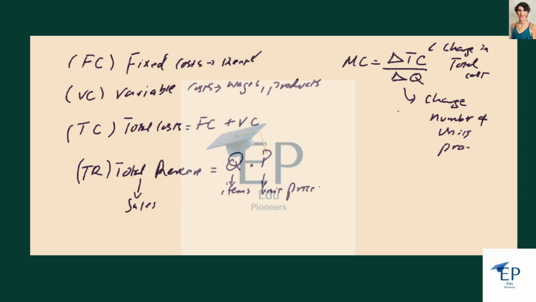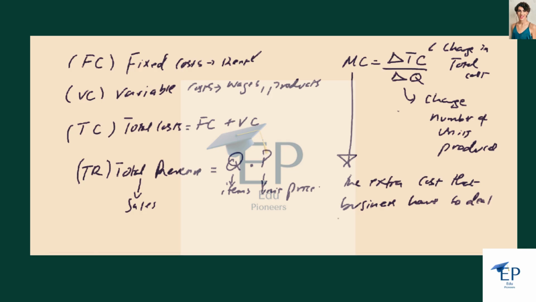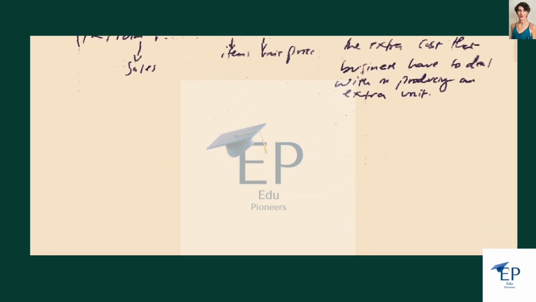When we think about marginal cost, all we're saying is the extra cost that businesses have to deal with in producing an extra unit. So that's the extra cost that we do have.